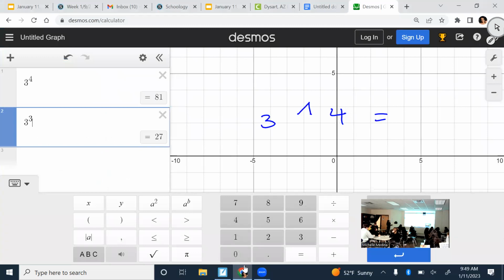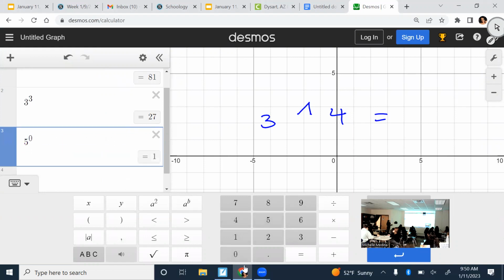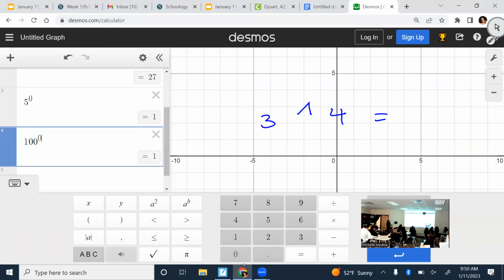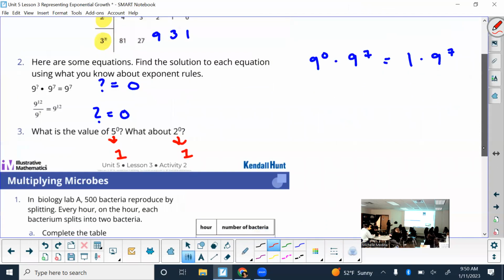It is not. Let's see. You can always throw it in your calculator, see if you don't know. Anything to the 0 power is 1. So go back and put that in your notes. 5 to the 0 power is 1. 2 to the 0 power is also 1. All right, good. Questions on that?